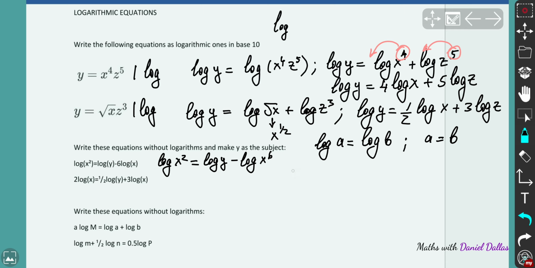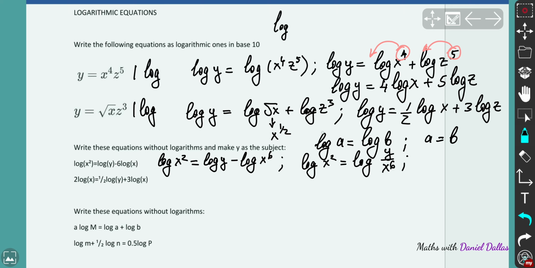Now I can use the rule for the difference of logs, which means it becomes the division of y by x to the power of 6. So I'll get log x squared equal to log of the fraction, where the top is y and the bottom is x to the power 6.